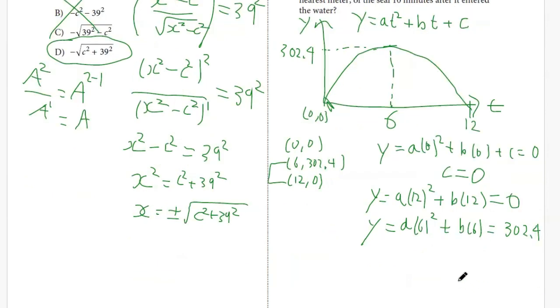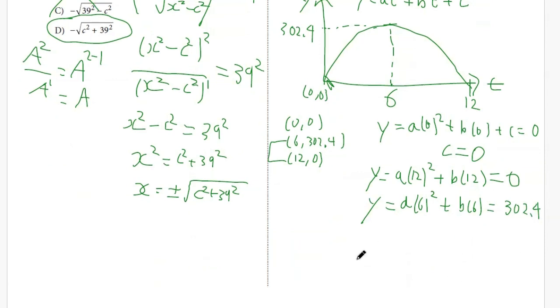Now I'm going to go ahead and write down the system of linear equations here. 36a plus 6b is equal to 302.4, and then 144a plus 12b is equal to 0.